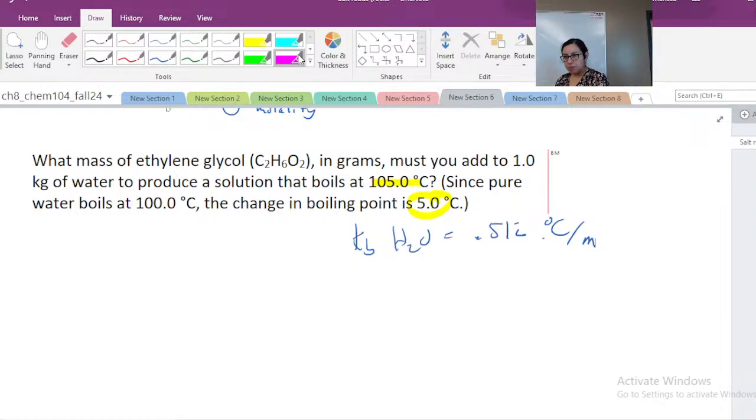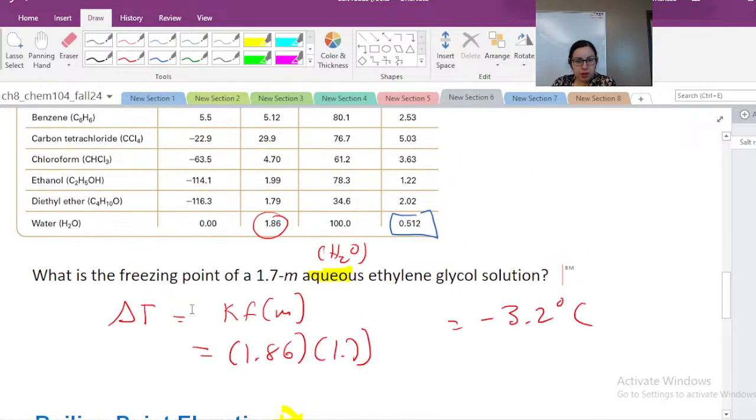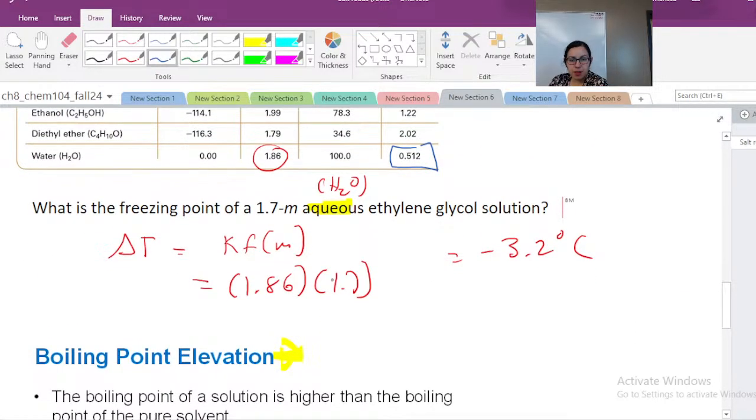So how's this problem going? So do we have our setup? Because this is a little different, right, than our previous one that we finished on Monday. So if we look back to the one we did on Monday, we had the KF times the molality gives us a change in temperature.